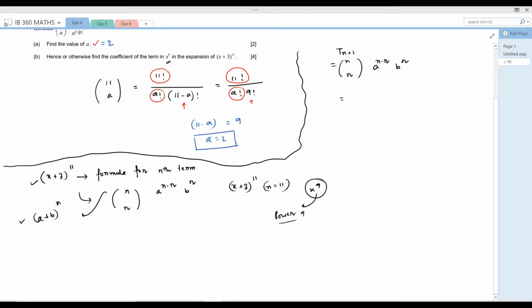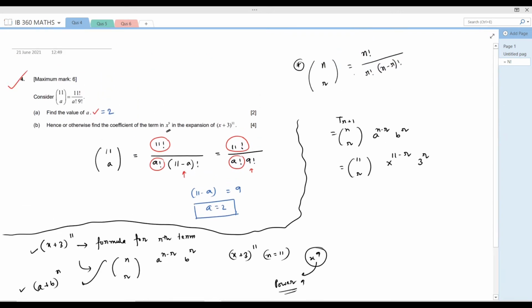Okay, now we will derive the r. So it is basically nothing but 11Cr x to the power 11 minus r into 3 to the power r.